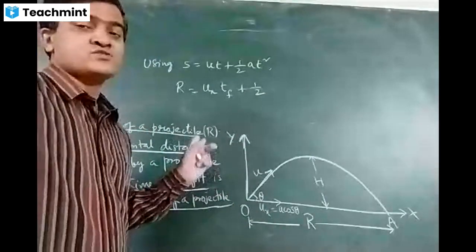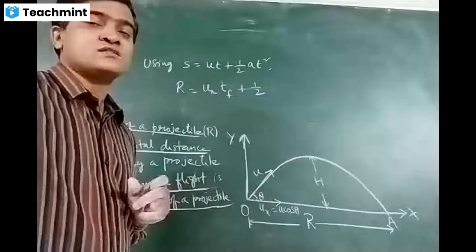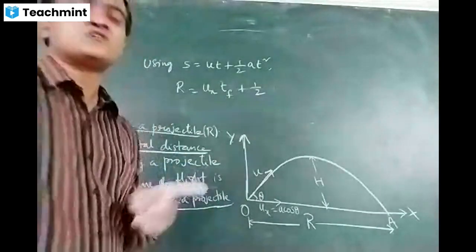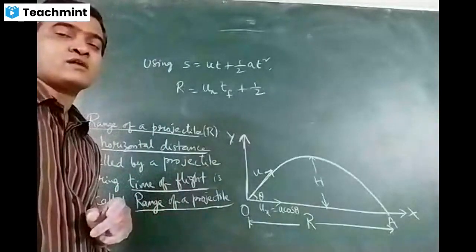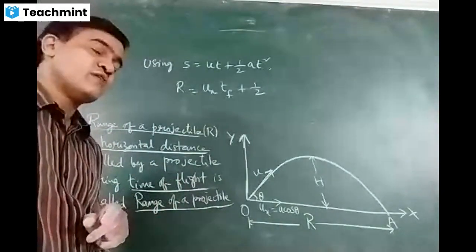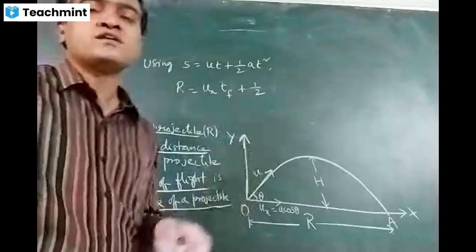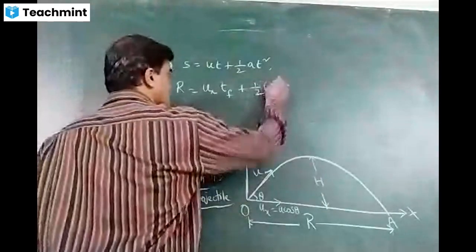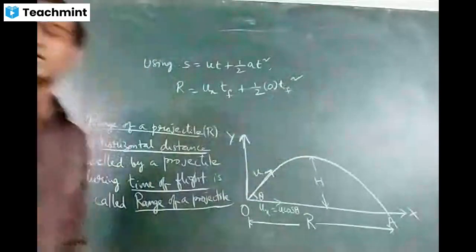As we said earlier, this projectile is under the influence of only one force, gravitational force. And acceleration due to gravity always acts vertically downwards. In the horizontal direction, acceleration is zero. So 0 into Tf square. Now what will I get?